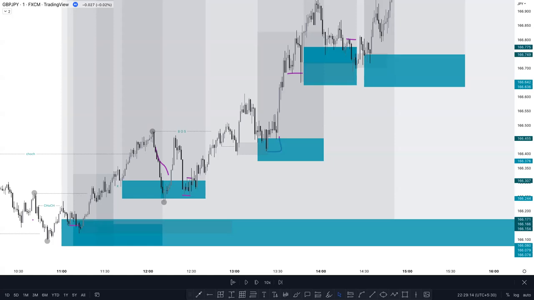Second, if you want to trade based on the session, then you can wait for any session sweep or continuation. Then simply switch into the lower time frame and buy or sell.